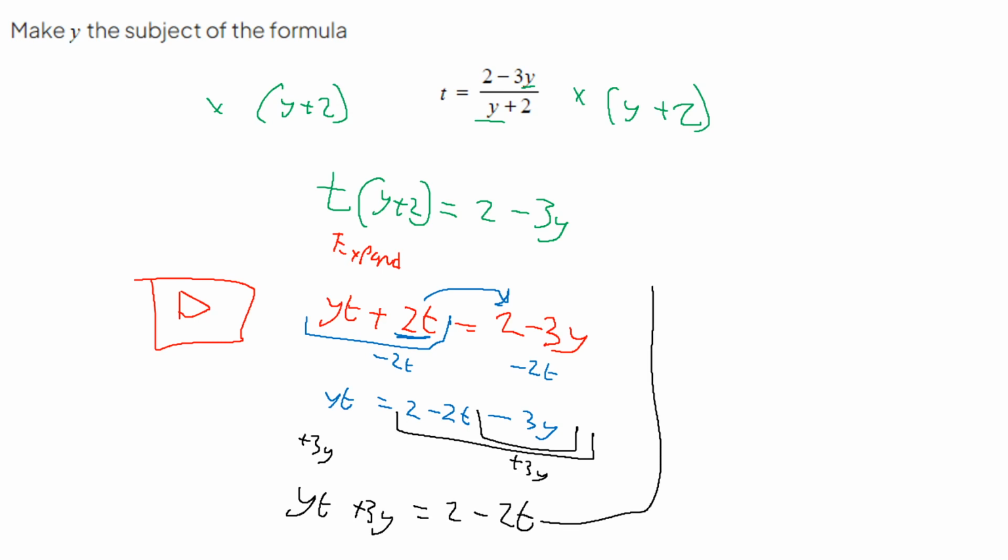And again, I'm going to move this up here. yt plus 3y is equal to 2 minus 2t. And again, we can't divide by coefficient because we have two y terms. So let's factor out the y.